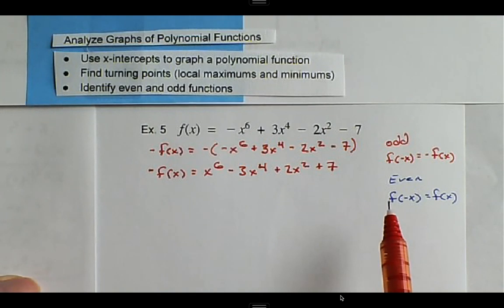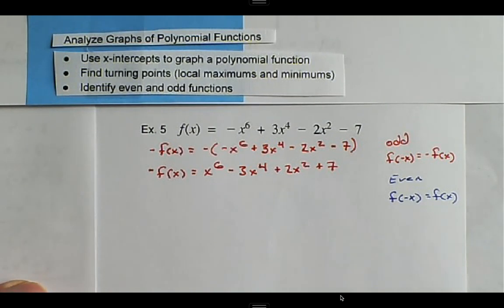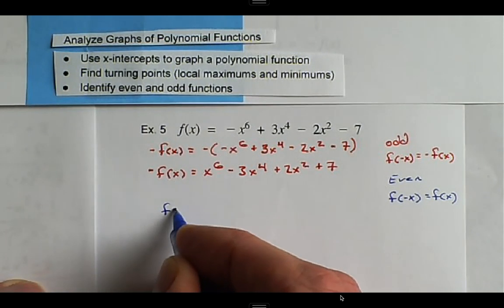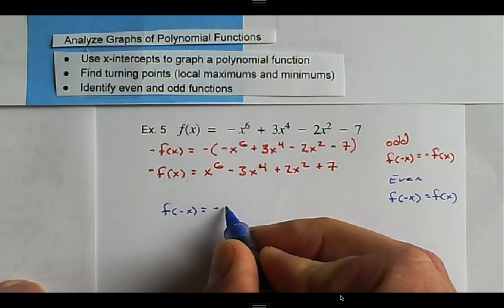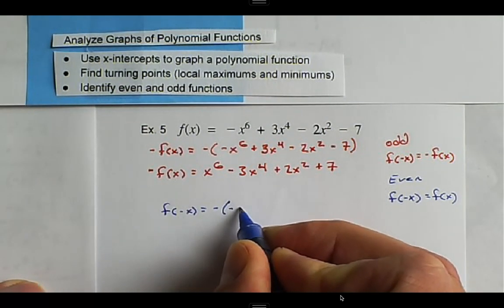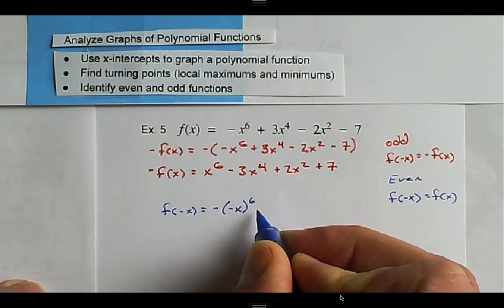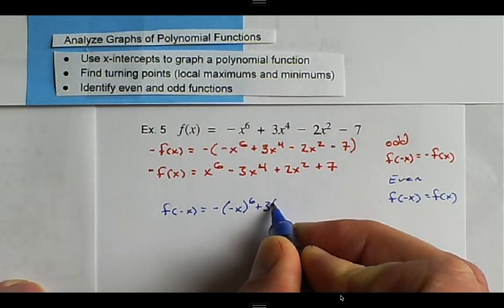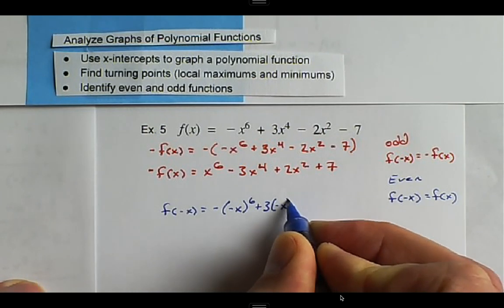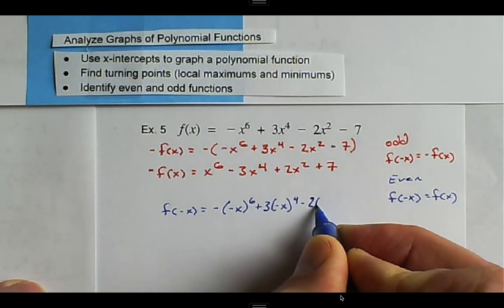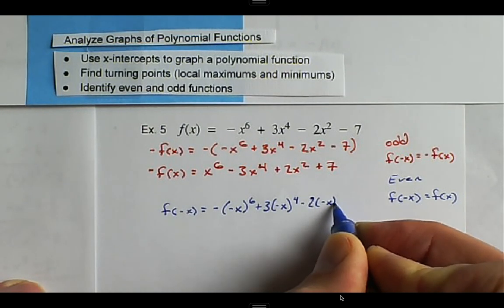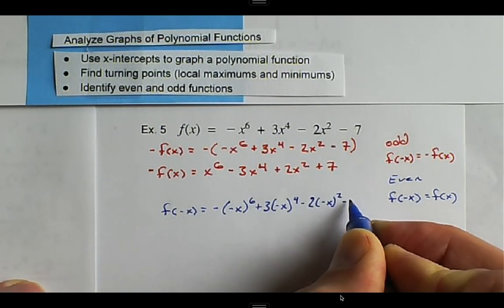Now we want to check what we'll get if we have the function evaluated at negative x. So f of negative x is equal to negative times negative x to the 6th plus 3 times negative x to the 4th minus 2 times negative x squared minus 7.